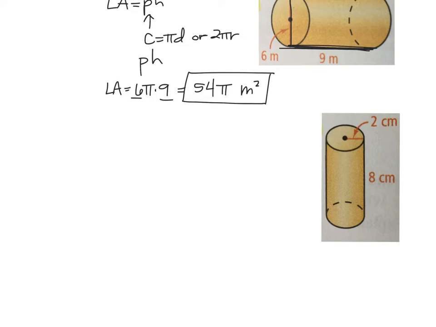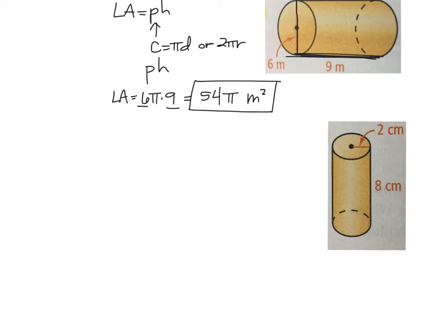Number 17 looks like this, and this time they ask you to find the surface area. So you're going to start with lateral area in order to find your surface area. So we know the lateral area formula is the perimeter of the base times the height. Again, your perimeter is the circumference of the circle, so pi times the diameter.